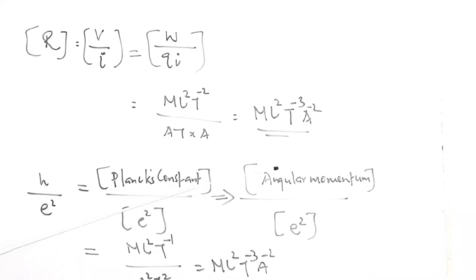So angular momentum divided by e square is equal to m l square t raised to minus 1, the dimension of angular momentum, divided by A square t square, the dimension of charge squared, because the square of charge is here. Which is equal to m l square t raised to minus 3, A raised to minus 2, same as the dimension of resistance.